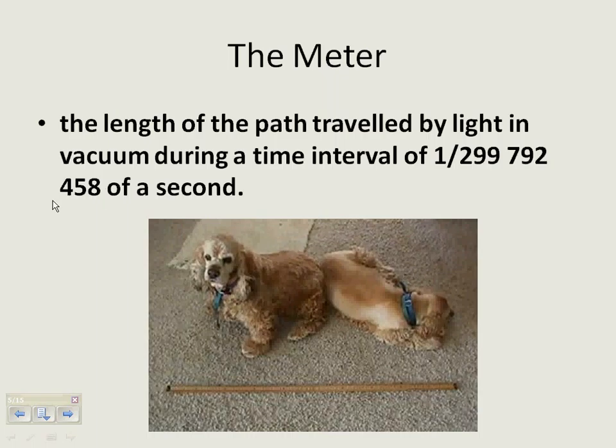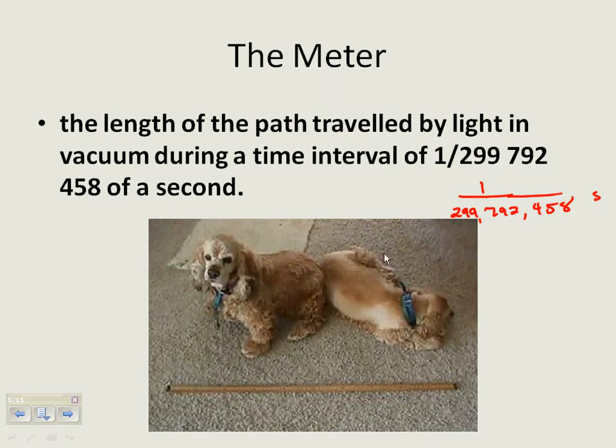It's 1 over 299,792,458 of a second. So this is pretty much the speed of light, but we're defining it as a time unit. So that's the true definition of a unit.